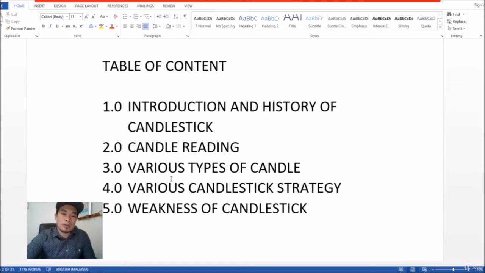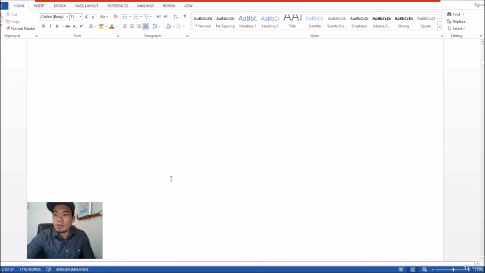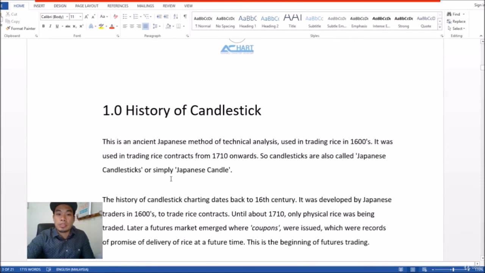Many people regard candlestick as the master of all learning, the master of all secrets in trading, but actually it is not. Later I will explain what the real function of candlestick is, what it is used for, and what its limits are.